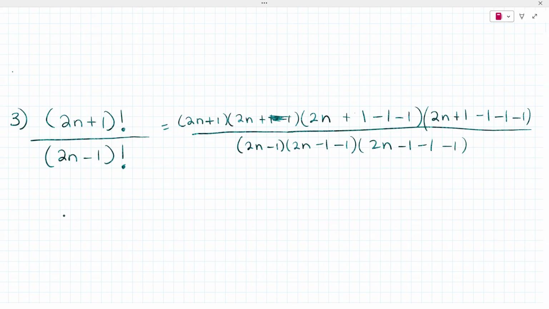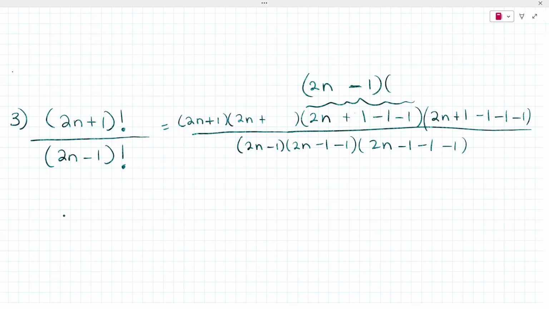So let's see if we can clean this up. Over here, plus 1 and negative 1 cancel. And over here, what does this simplify as? 2n plus 1 minus 1 is 0, and then you have this negative 1.